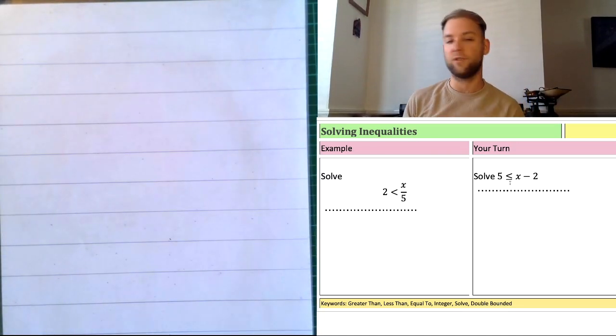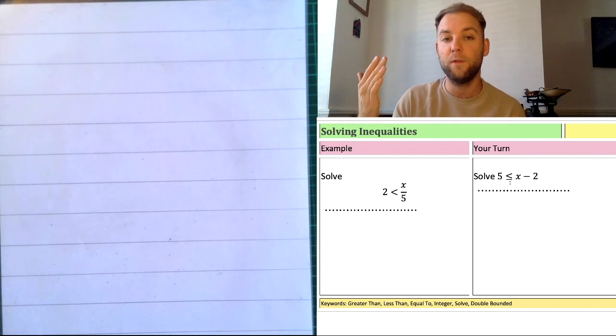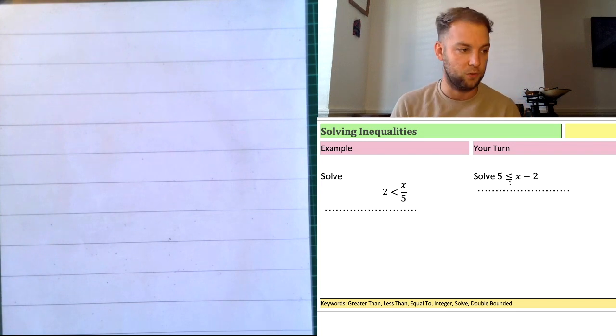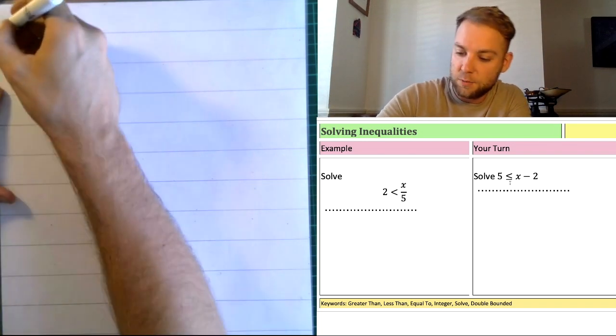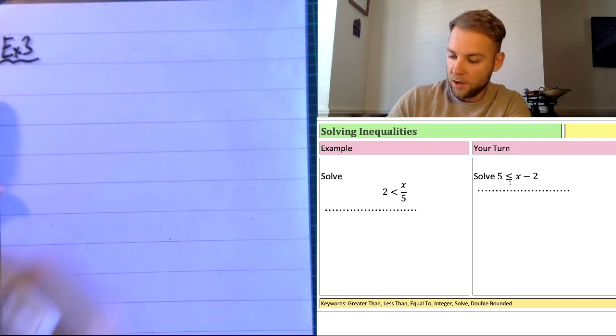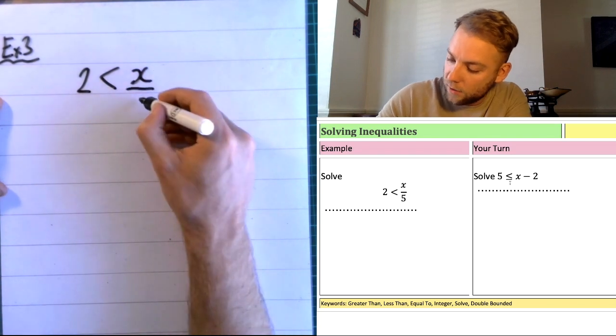The reason it's a little bit trickier is because the x is on the right-hand side. The problem with this is when we're actually trying to draw our inequality, people get a little bit confused. So I'm going to go through this one first. This one here is example 3. Again, make sure you're getting this down in your notes. So here I've got 2 is less than x over 5.